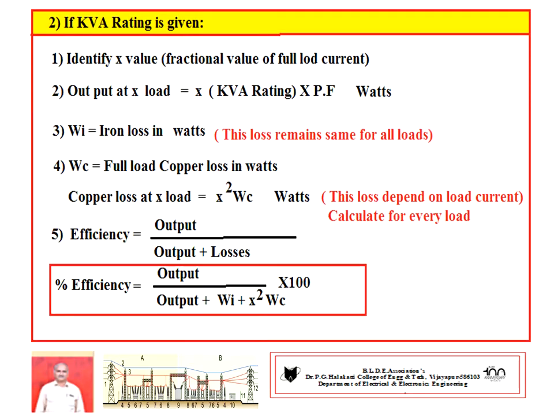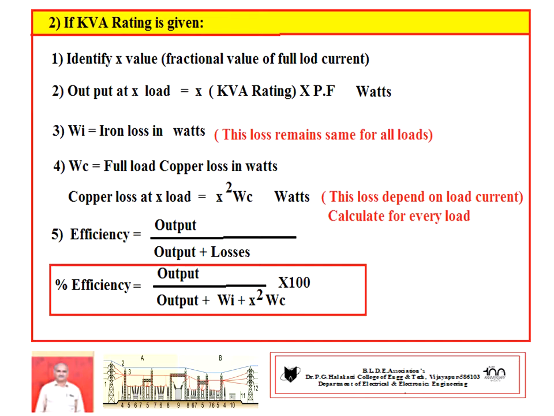If kVA rating is given, then first we have to identify what is the power factor and what is the load condition. We have to calculate the efficiency. The X value we write down, the power factor you write down. Second point, we have to calculate output at the corresponding X load. That should be equal to X value into kVA rating of transformer into power factor.